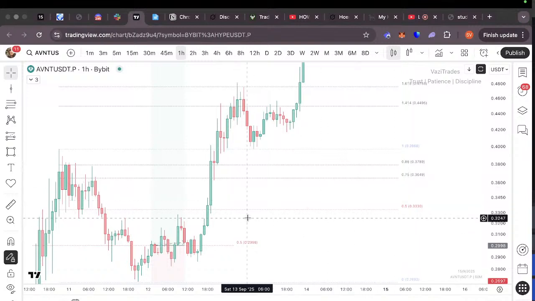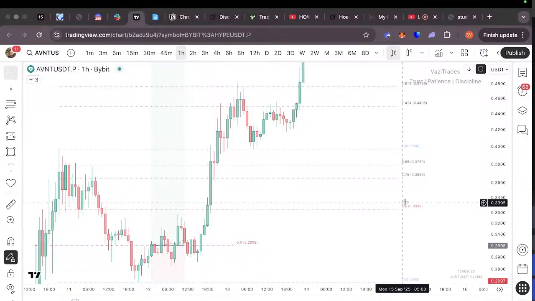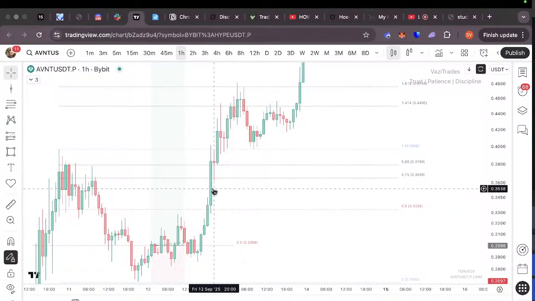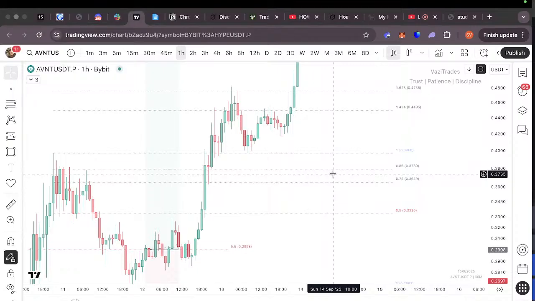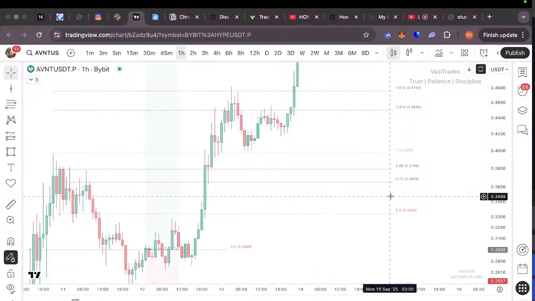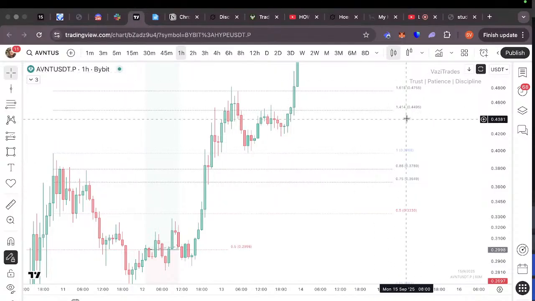Let's say the price gives me a close above 0.5, it means a 50% chance for the continuation of the bullish trend or bearish trend, depending on what you're trading, okay? In case I see a close above 0.86, it means 86% the price will continue towards the next level, okay?